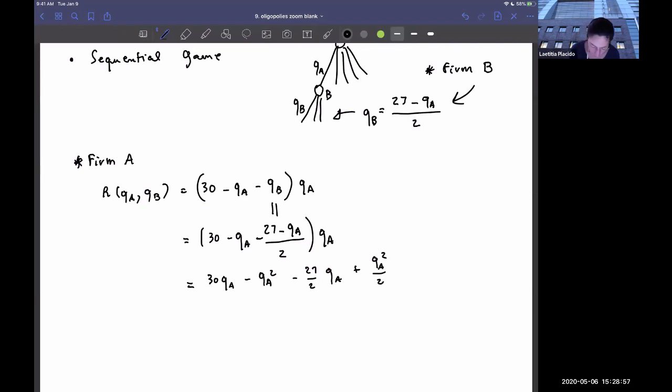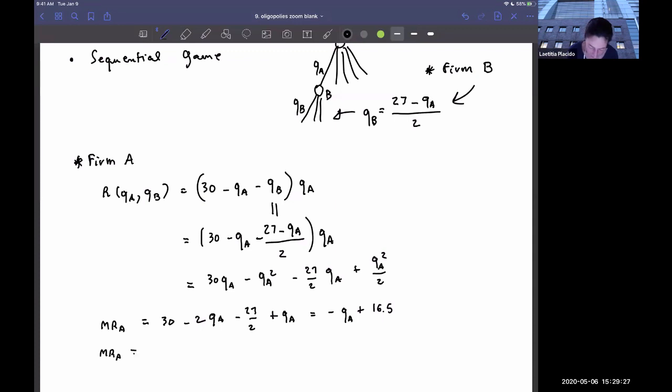Now let's calculate the marginal revenue for A. That's 30 minus 2QA minus 27 over 2 plus QA. If you compute this, you end up with minus QA plus 16.5.